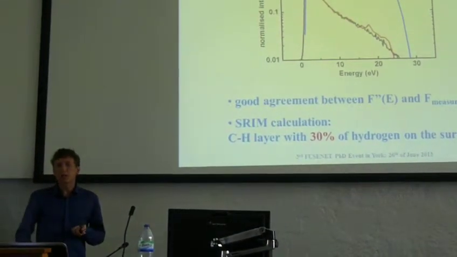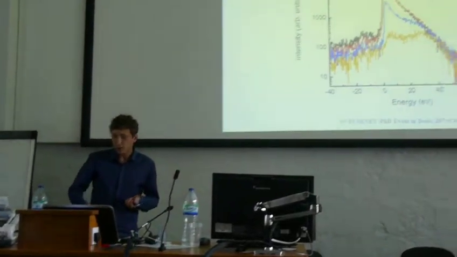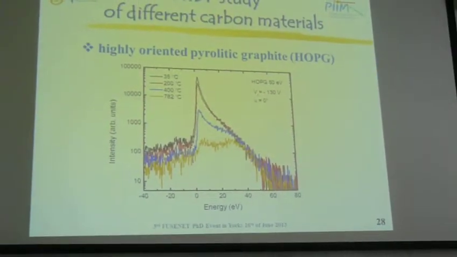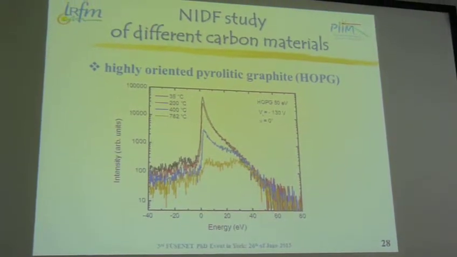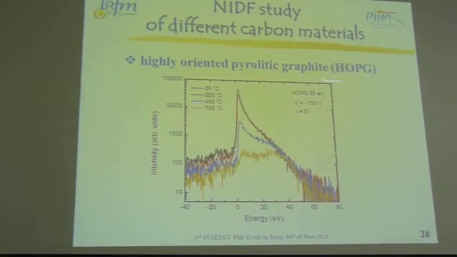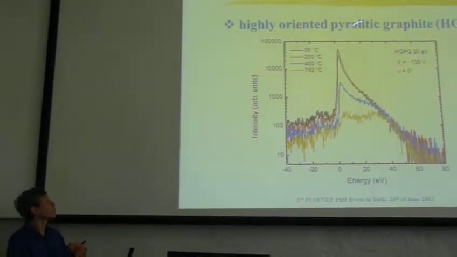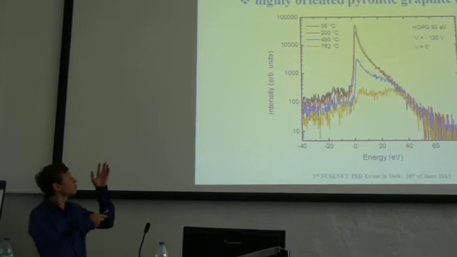Alright, and except for the modeling, the experimental results are presented here. So here you can see the temperature change of the highly oriented pyrolytic graphite, HOPG sample, basically a carbon sample. And you see the negative ion distribution function changing with temperature.